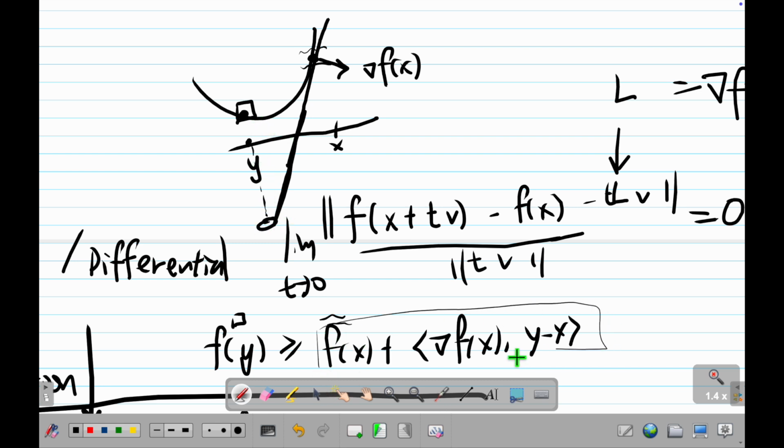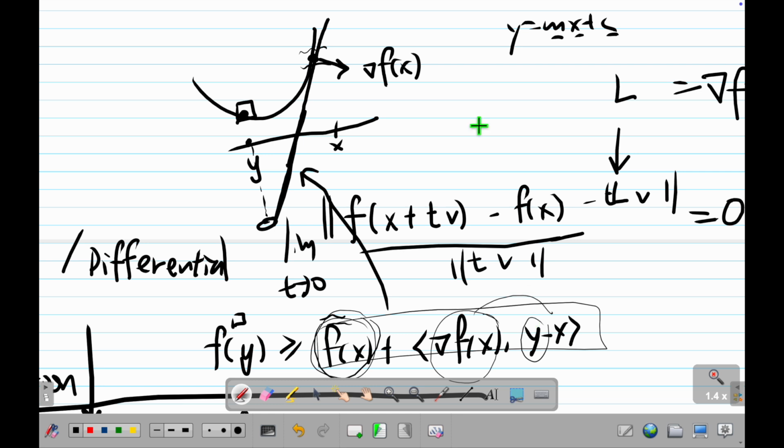What is this thing? This is the straight line. A straight line is y equals mx plus c: slope, variable, coordinate fixed, or coordinate fixed, slope variable. Actually, the fixed coordinate is this number plus these two inner product. So it's a straight line. If a function is always above a straight line like this, a tangent or support, then this function is convex.